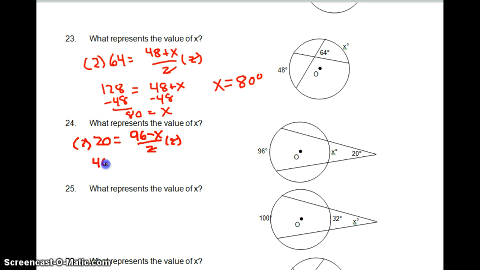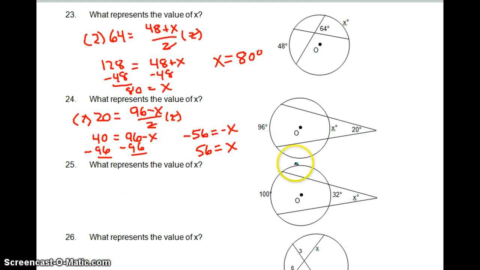I've got 40 equals 96 minus x. Subtract 96 from both sides. We'll move this over here, and that gives us negative 56 equals negative x. Drop the negatives from both sides, it gives us 56 equals x. And that is the answer to number 24.